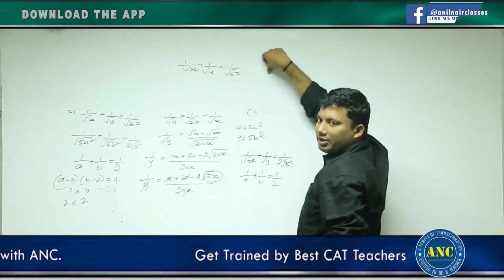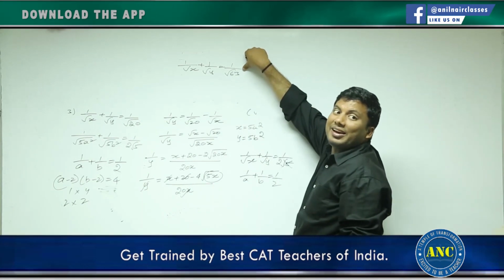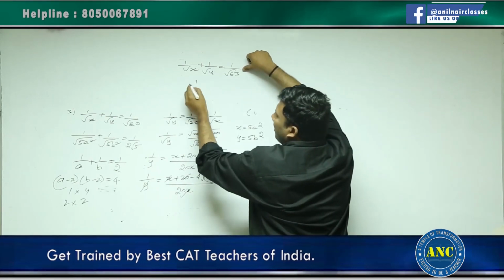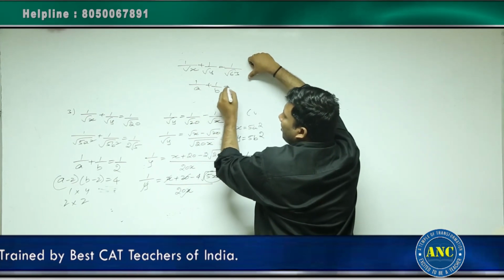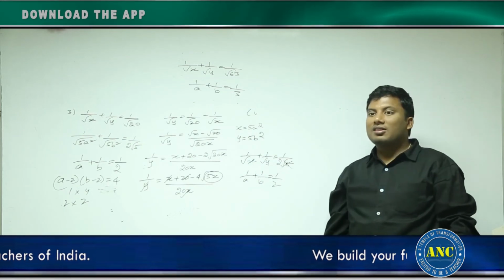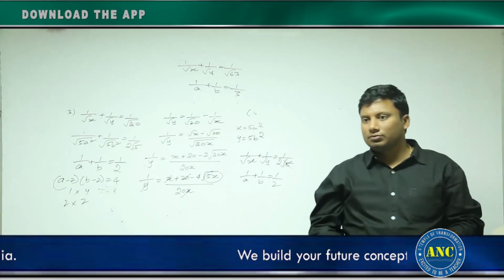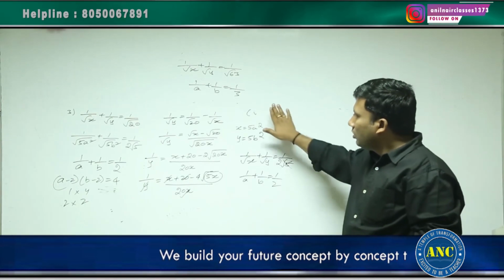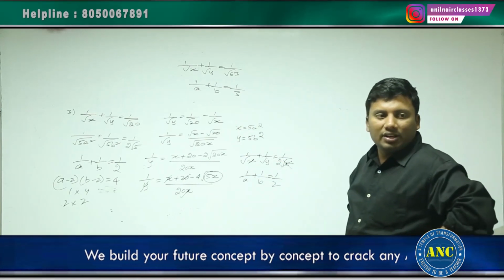What will be the final answer? 63 is 9 into 7. So directly it is 1 by a plus 1 by b is 1 by 3. Please put a star mark on the third question. Integral solutions. Clear, right?